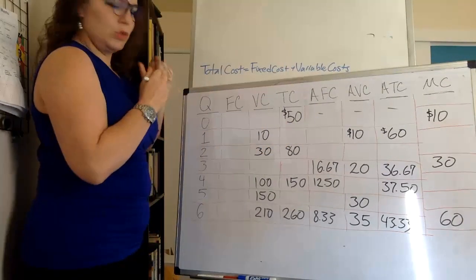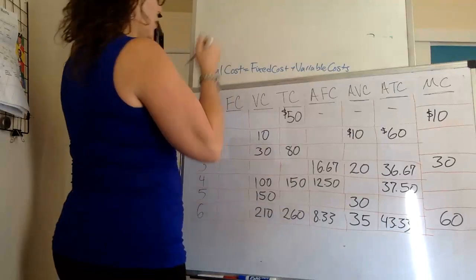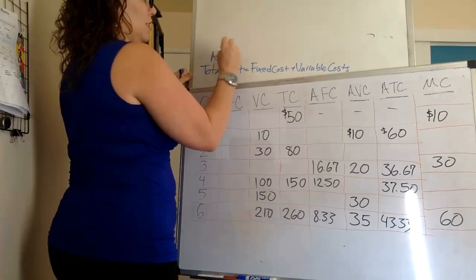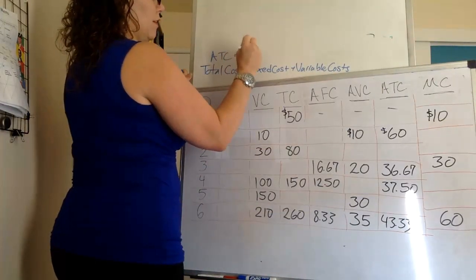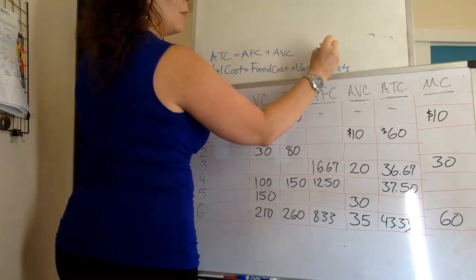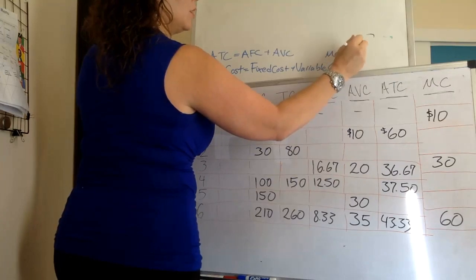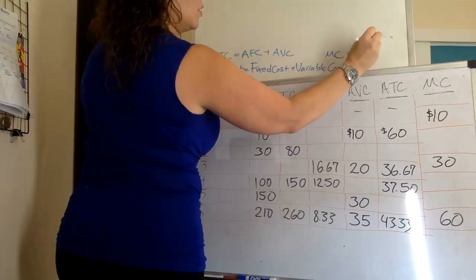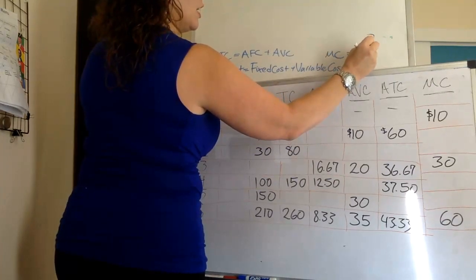And the same thing is true for the averages, right? Average total cost is equal to average fixed cost plus average variable cost. And that marginal cost is equal to the change in total cost divided by the change in quantity.